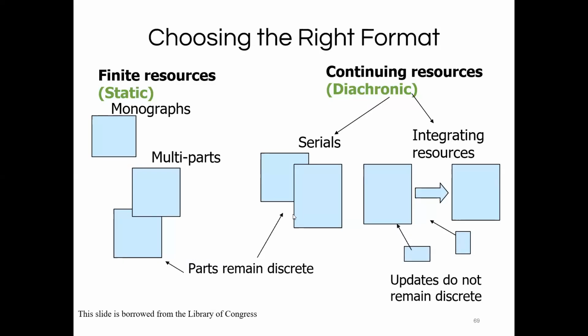I'm not sure how far out we can go with this, in terms of looking at what do I have? Do I have something where the parts remain discrete, and where would that fit my item? Or do I have things that do not remain discrete, where they integrate into things? And websites also fall into this category.